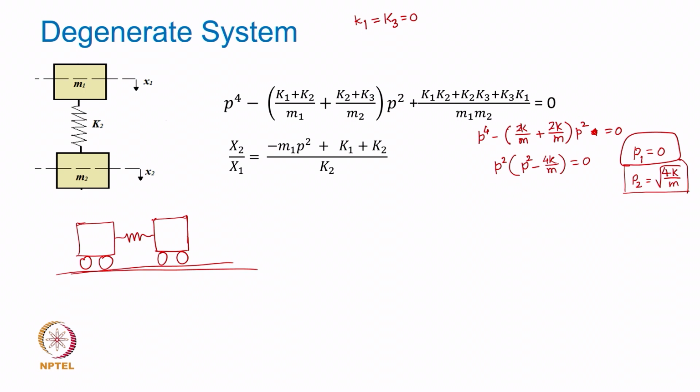Now, what is p1? 2 pi by capital T will be its natural frequency. Basically, T is the time period of what?